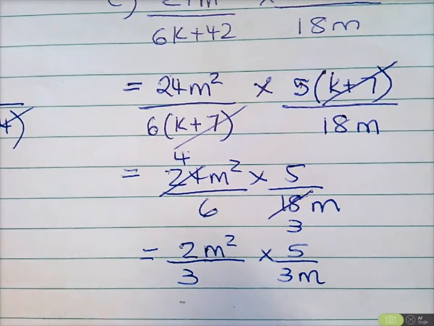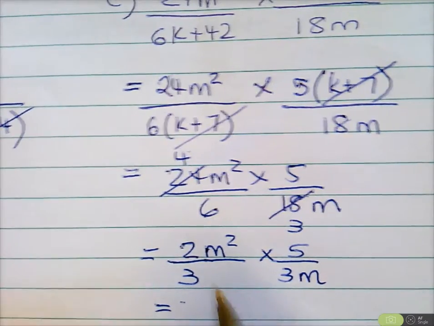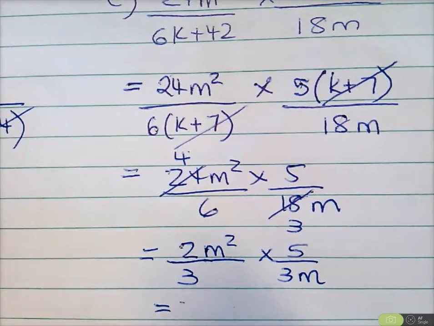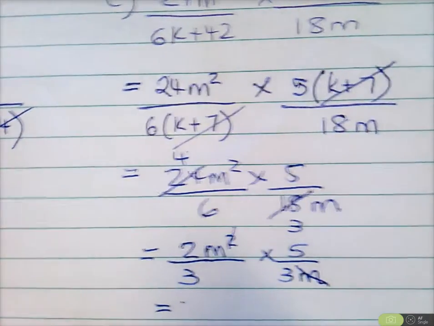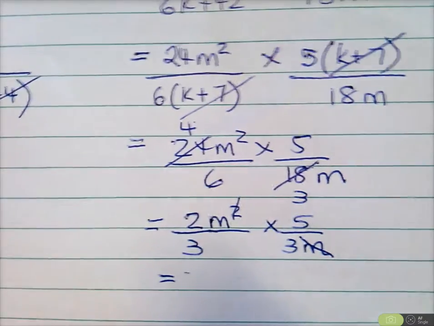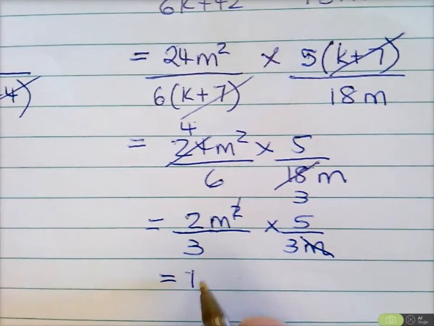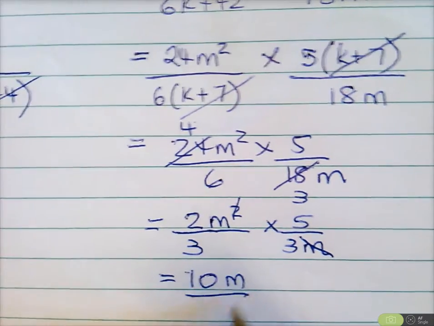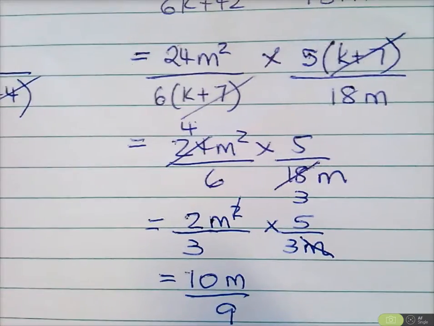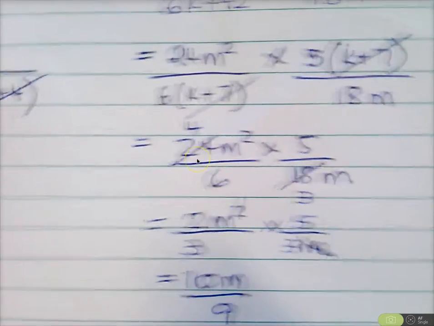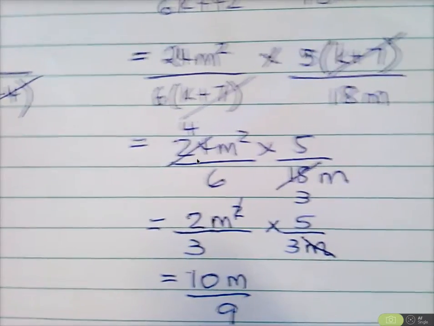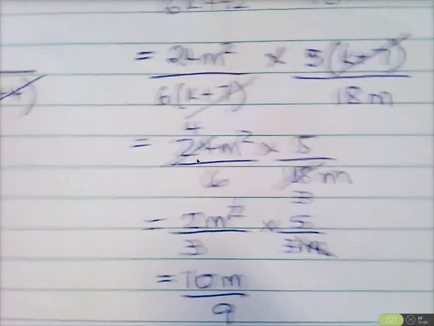You okay with that? All right, what have we got now? What else cancels? One of the m's. So I'm going to take the squared off here with the m there. Do you get that? So what have I got on the numerator? 10m over 9. So girls, you can do more cancelling in the one place if you want, but if you're finding that it's getting too busy, too messy, you don't want to lose marks because you can't read your own writing.